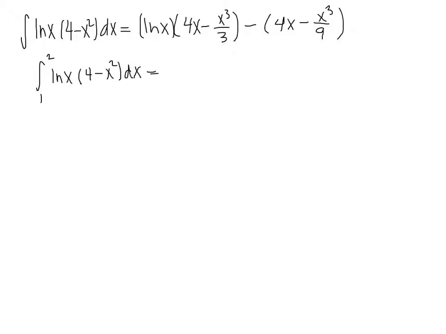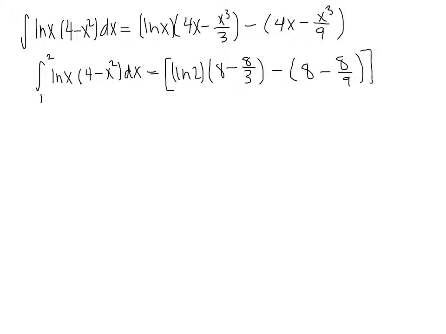So first, when we enter 2, we have ln of 2 multiplied by 8 minus 8 thirds, minus 8 minus 8 ninths. And then inputting 1, we'll have minus, well, ln of 1 is 0, so we'll have 0 times 4 minus a third, and then minus 4 minus 1/9.